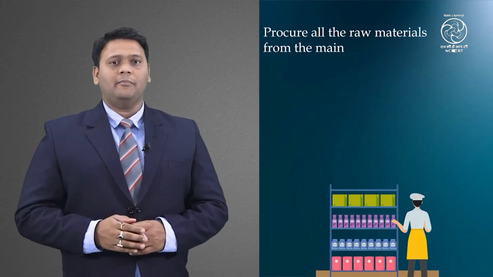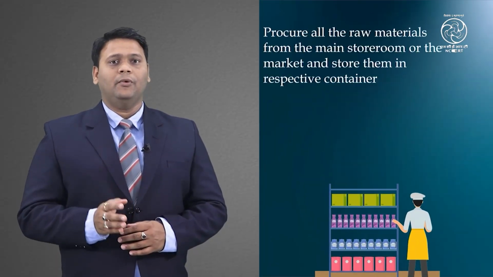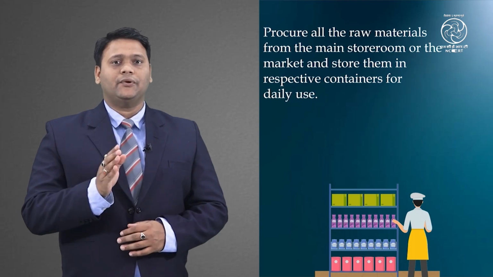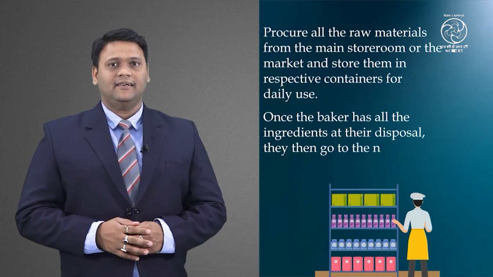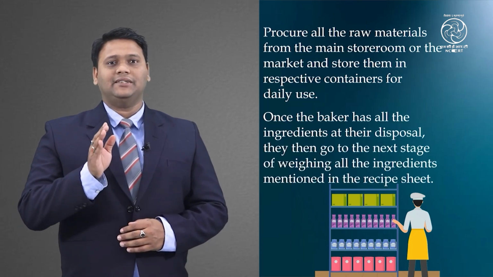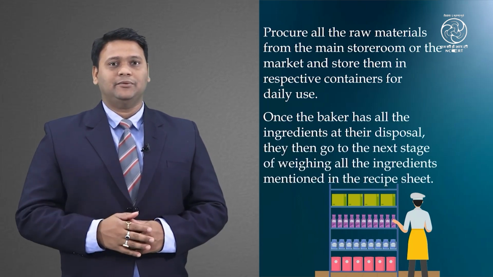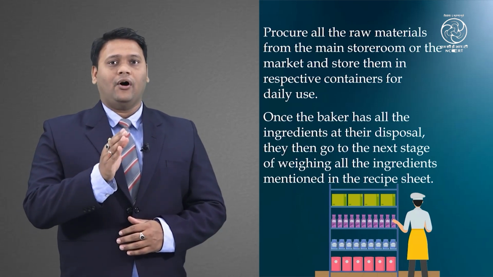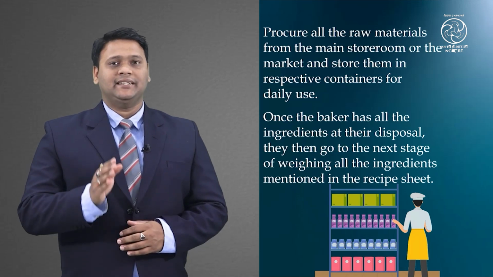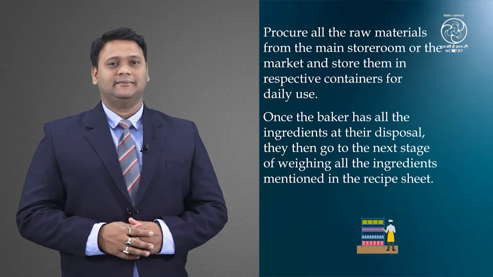Procure all the raw materials from the main storeroom or the market and store them in respective containers for daily use. Once the baker has all the ingredients at their disposal, they then go to the next stage of weighing all the ingredients mentioned in the recipe sheet.